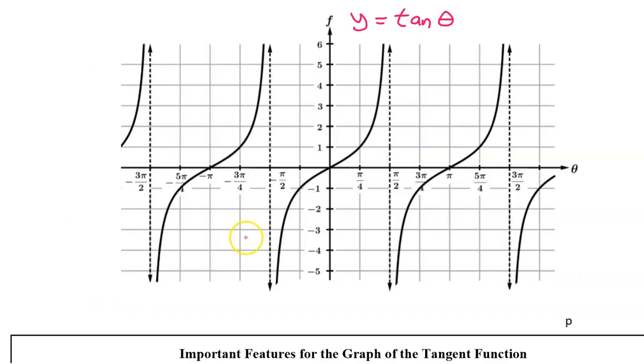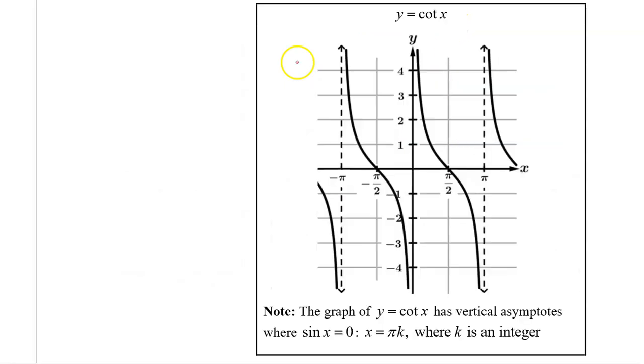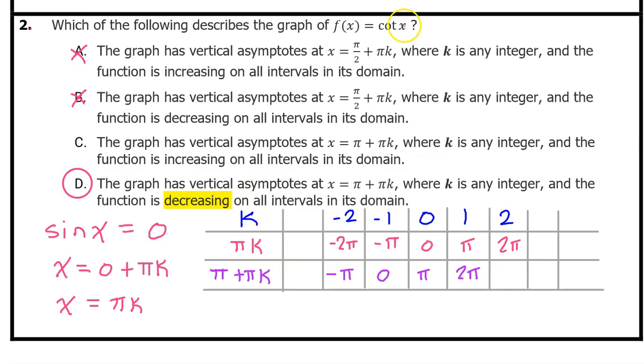In previous videos, we learned that the parent function y equals tangent theta is always increasing. We learned that y equals cotangent x is always decreasing. This is a fact I would simply like you to memorize. Since cotangent x is always decreasing, the answer is D.